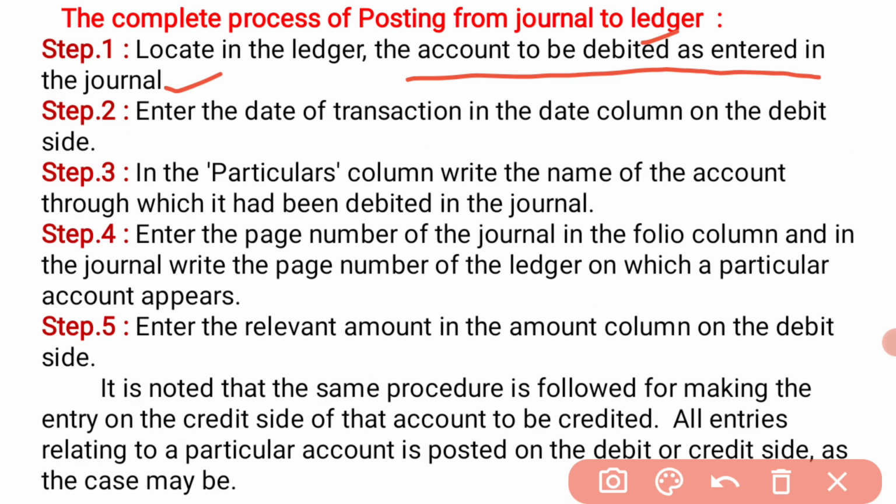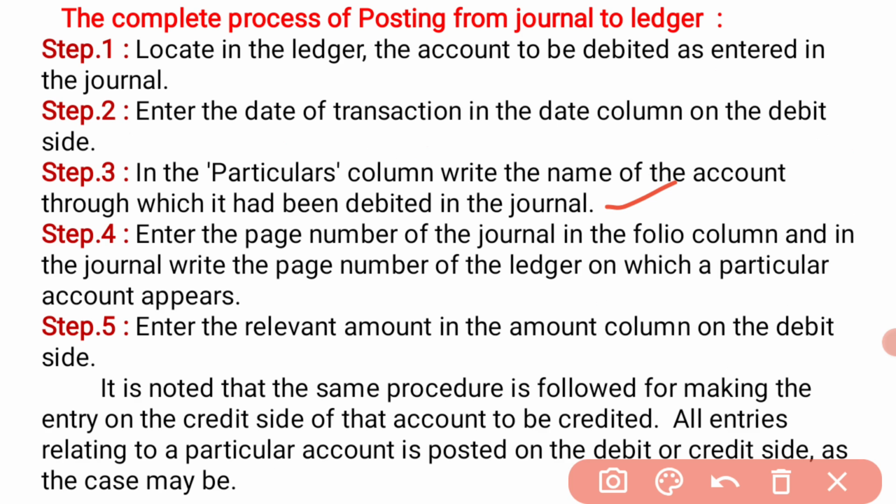Next, enter the date of the transaction in the date column on the debit side. Next, in the particulars column, write the name of the account through which it has been debited in the journal.